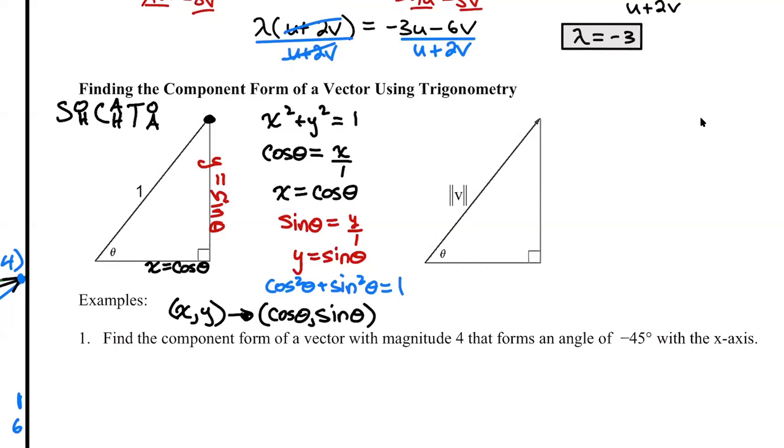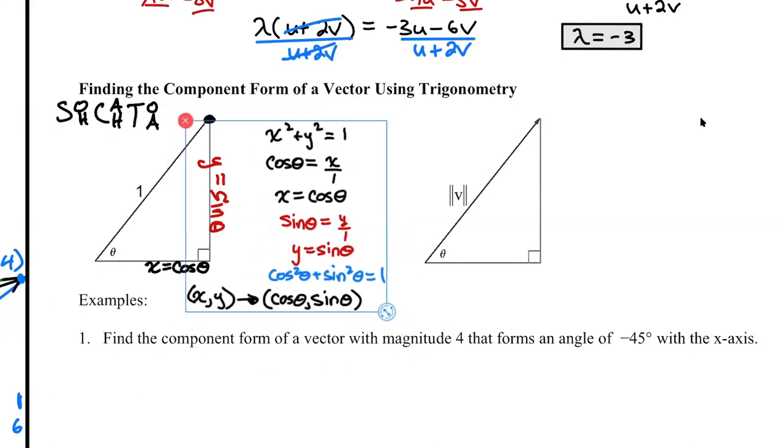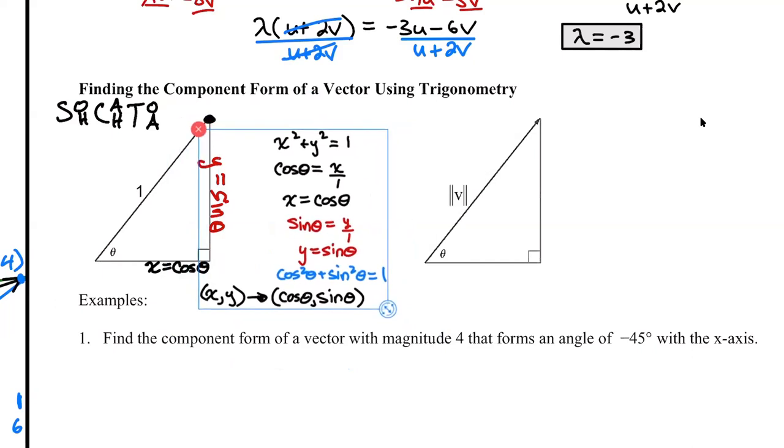But it also means that the vector xy would correspond to the vector cosine theta comma sine theta.